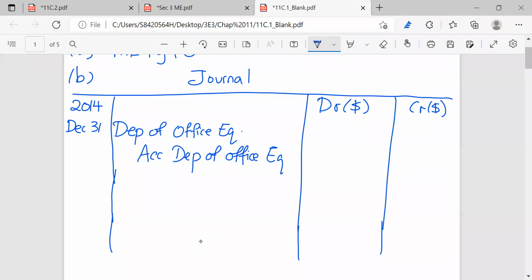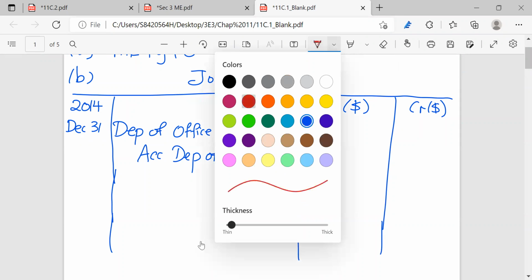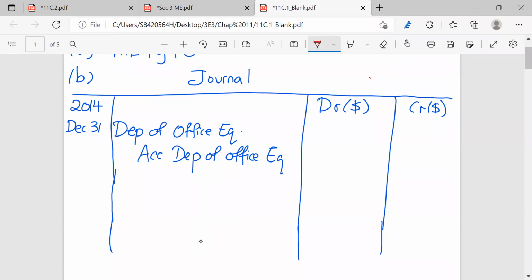So tell ourselves, how come I debit this account? Because this is an expense going up. Whereas for your accumulated depreciation, it is recognizing more of a contra asset. It's a negative asset going up.